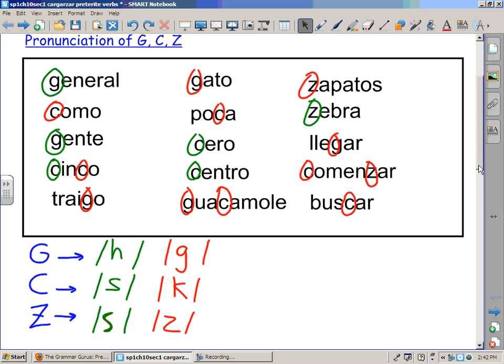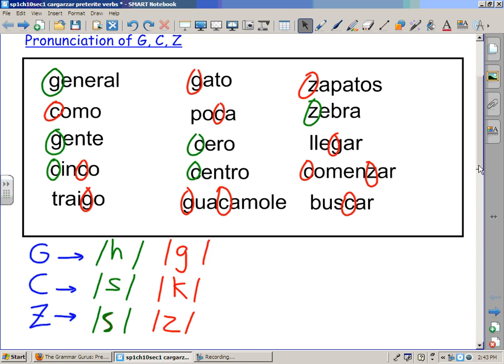You've got enough information here. I want you to tell me the rule. How do we know it's going to be soft, and how do we know it's going to be hard? Talk to someone around you for like a minute, and I want you to not just say it, but write down the rule you think is here. Write it down on your notes.